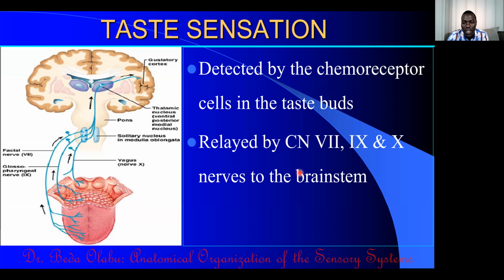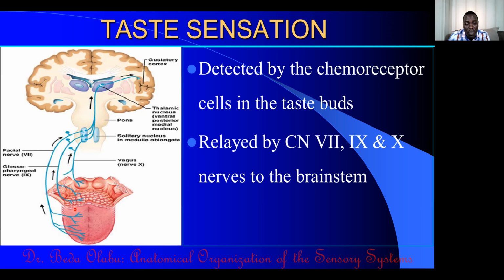The 7th cranial nerve, which is facial nerve, has branches which come from the anterior 2/3 of the tongue. So the taste buds from the anterior 2/3 of the tongue relay their information to the brain via the facial nerve, which is the 7th cranial nerve.